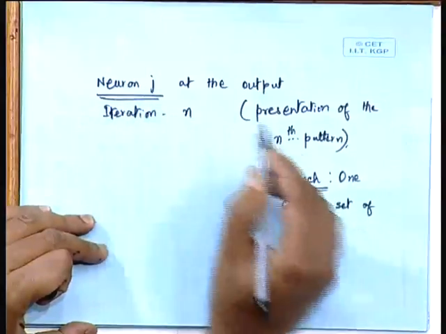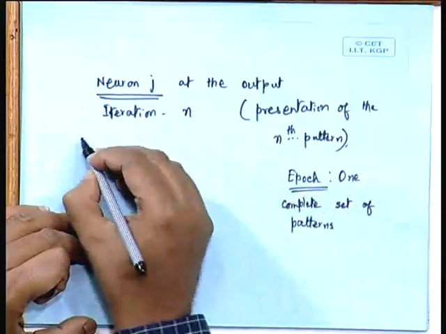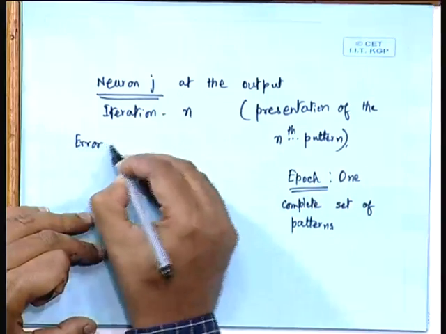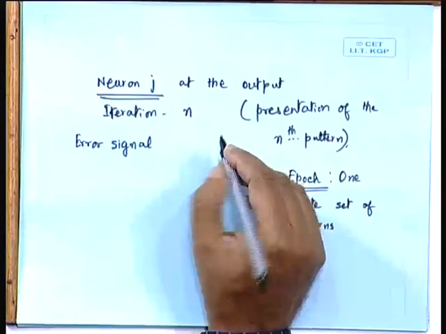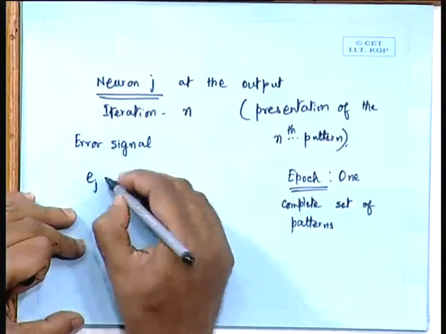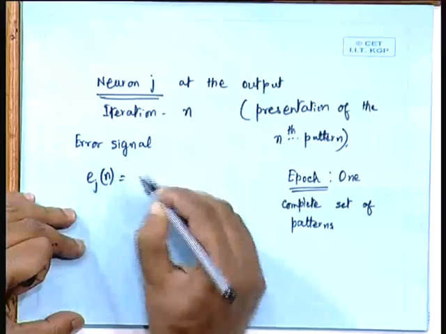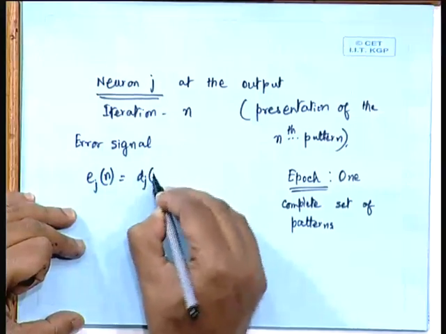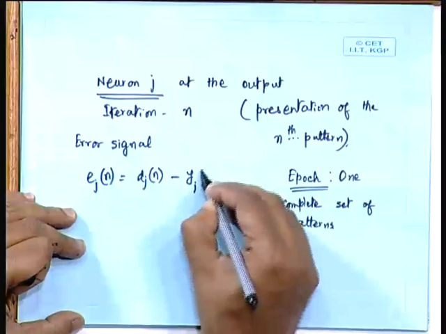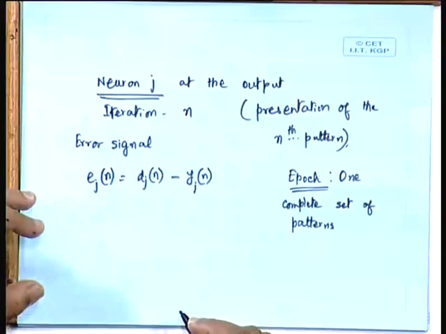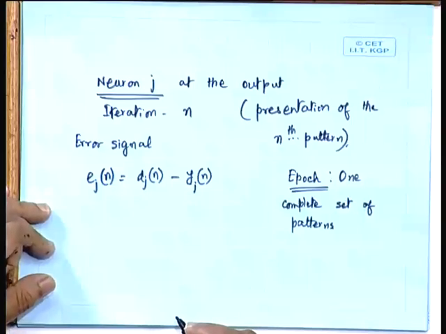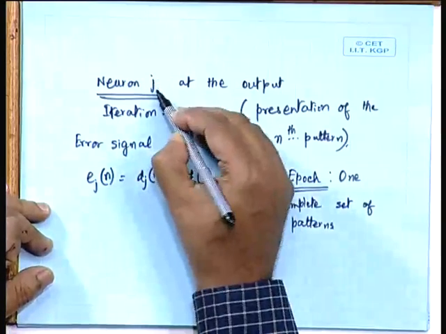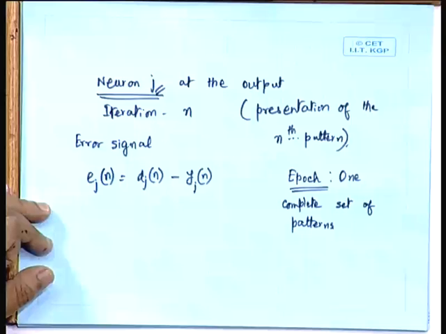So, now the error signal at the output of the neuron j could be written very simply. The error signal at iteration n we are going to write as Ej(n), which is equal to Dj(n) minus Yj(n). Here, because I am having more than one neuron at the output layer, I am indexing the neurons as such.